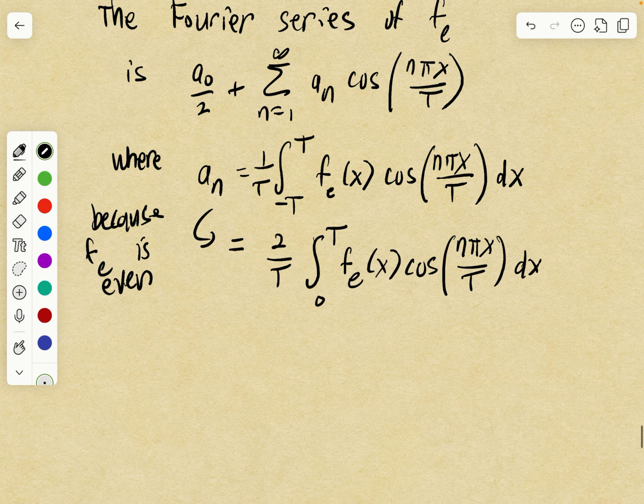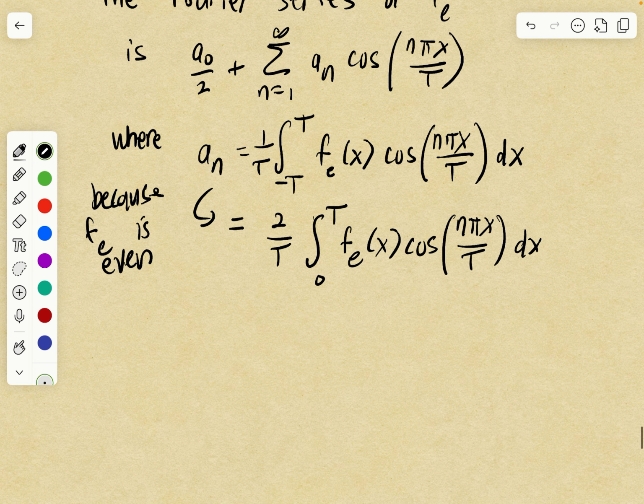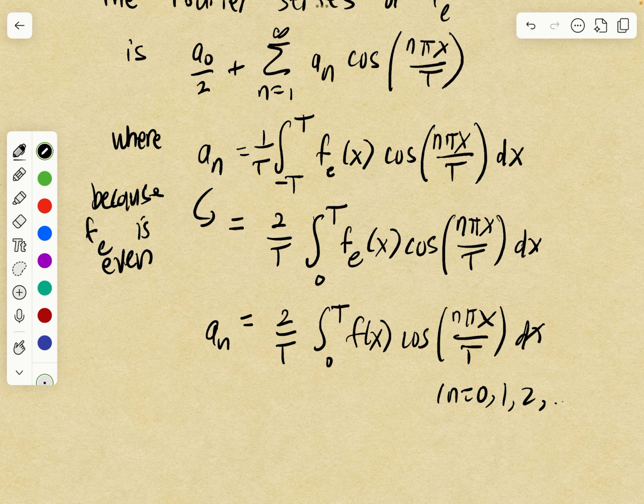Now you're doing this integral from 0 to t, and from 0 to t, f sub e is the same as f. So this is going to be 2 over t times the integral from 0 to t of f of x cosine n pi x over t dx. So that's a sub n, where n is 0, 1, 2, etc.